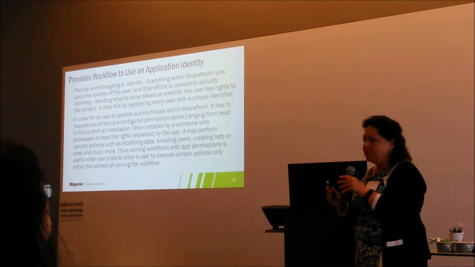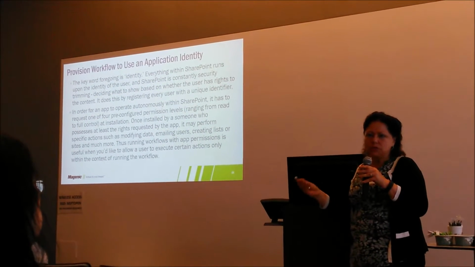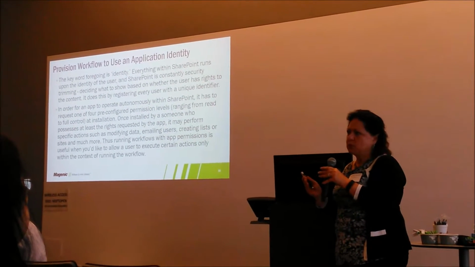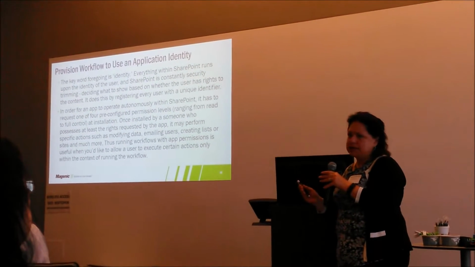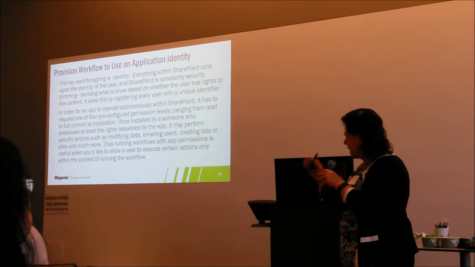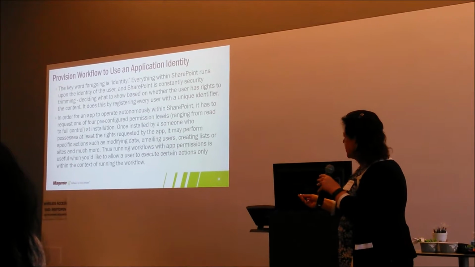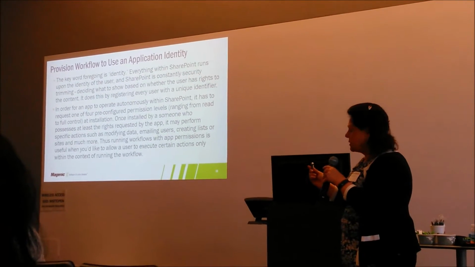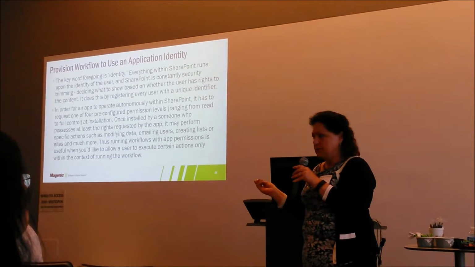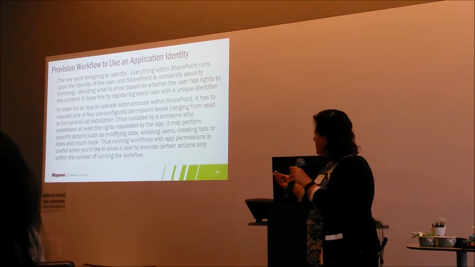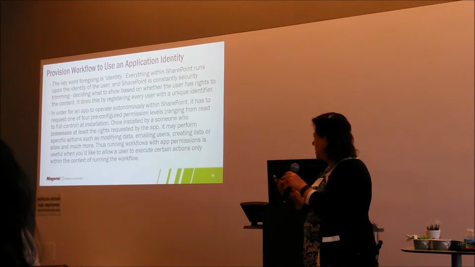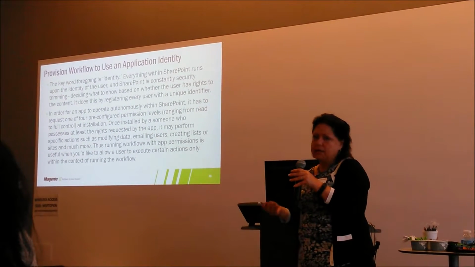But they weren't left open to customization, and the reason for that is that if a developer were to request certain specific permissions and they weren't granted, it might cause the app to fail. So they have locked that down to certain canned permission levels. And once installed, and it has to be installed by someone who possesses at least the level of rights requested by the app, then it can perform specific actions, and it can be anything from modifying data, emailing users.